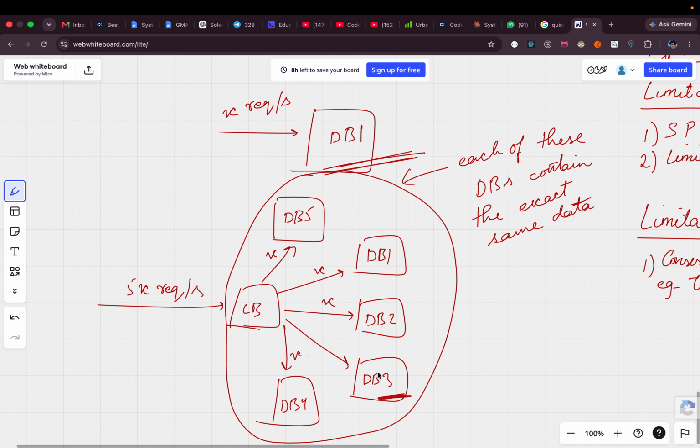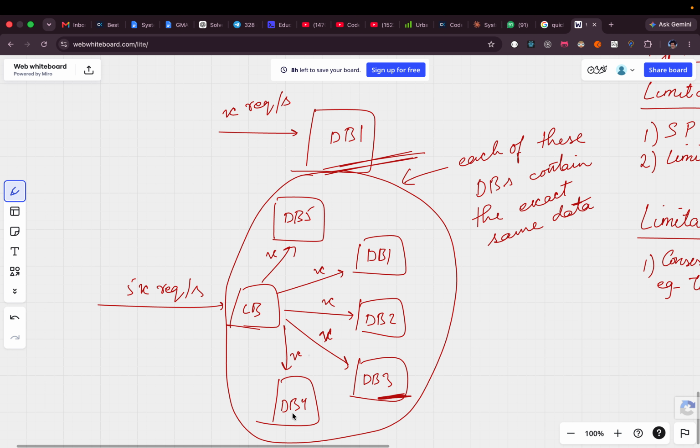So when we have distributed our load in horizontal scaling, whenever one database is getting some updates, we need to replicate that data. We need to propagate that data to all other databases. And that will take some time, isn't it?